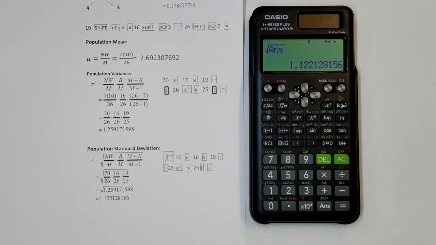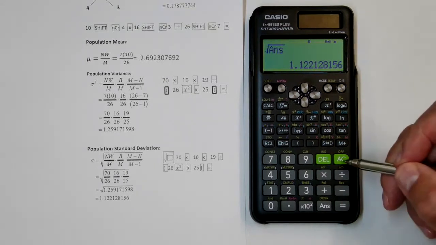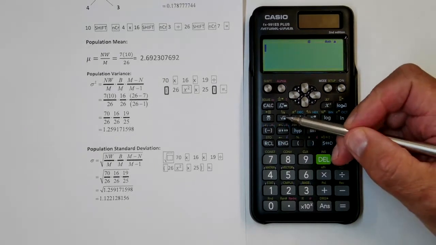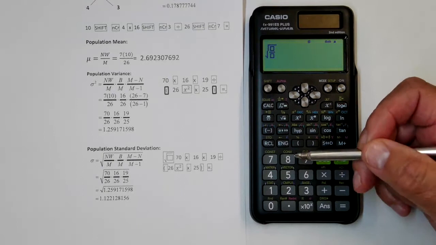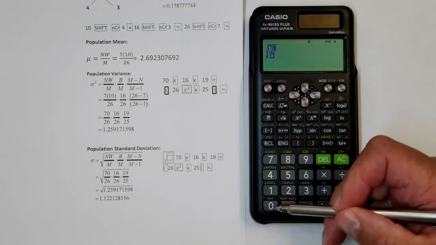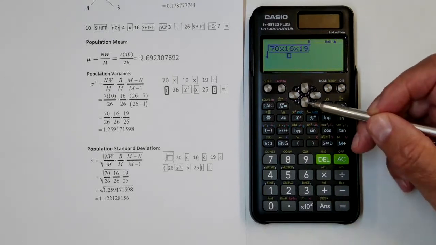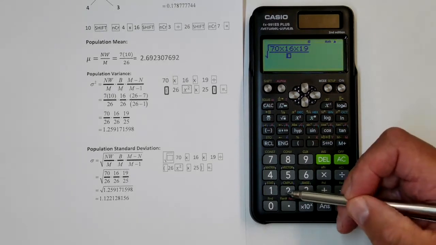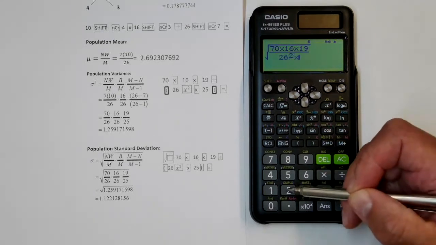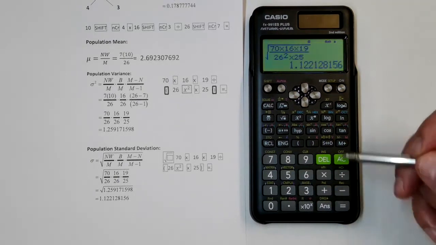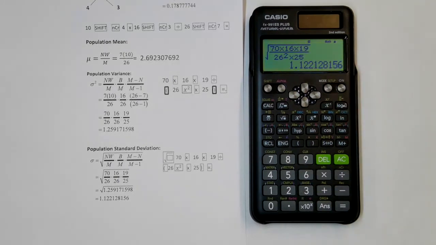That's the easiest way. Now, if you want to do it the hard way, hit square root and the fraction key, and go 70 times 16 times 19 on top, arrow down, and go 26 squared times 25, and that gives you 1.1221, et cetera.